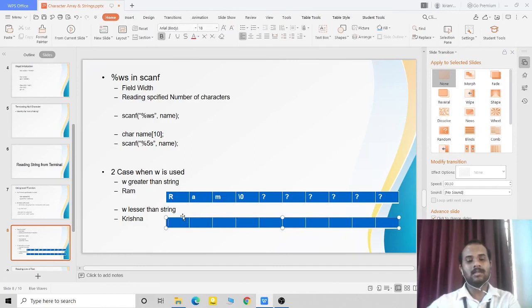So only K, R, I, S, then the null will be included. What about the rest of them? What about NA and those things? They are truncated or they are eliminated.